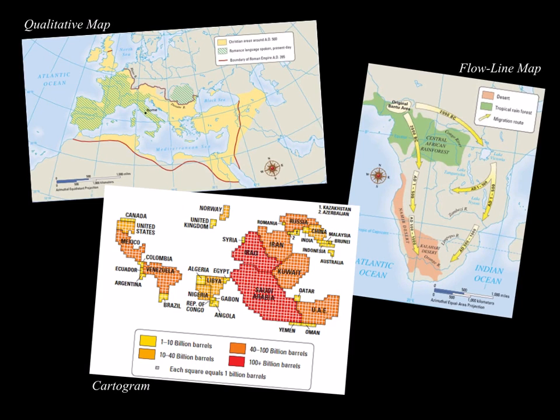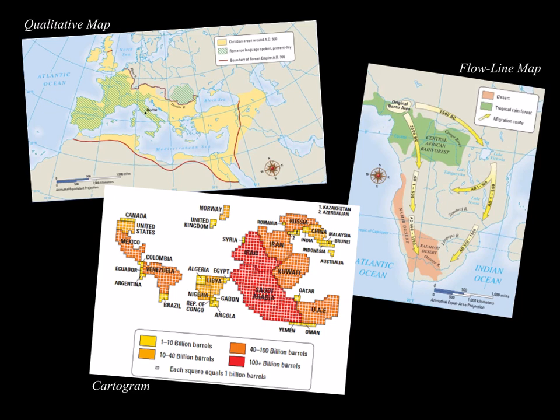You find the qualitative map, and that just indicates the shading is the Roman Empire and where Romance languages are spoken. The flowline map indicates the Bantu migration from Central Africa to Southern Africa over thousands of years.